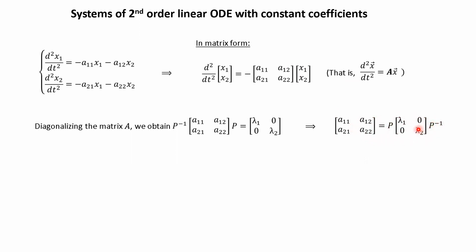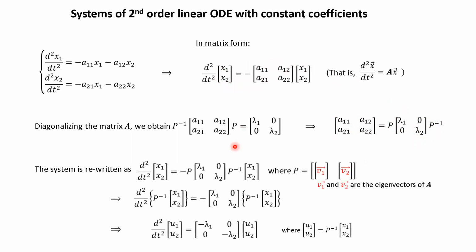Now if we put this form back into the system of equations of motion, this is what we have. In the first step, I just replace this one with these three matrices. And then the next step is that I am putting this P to the left-hand side.